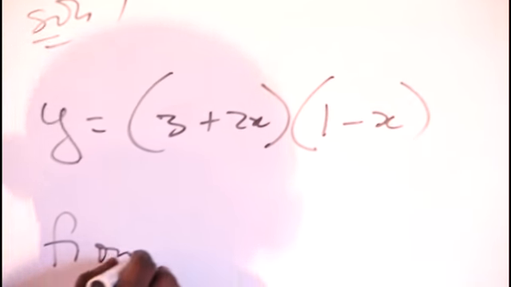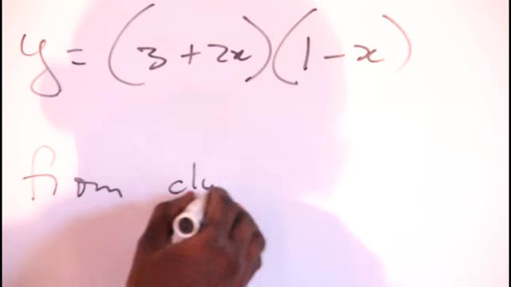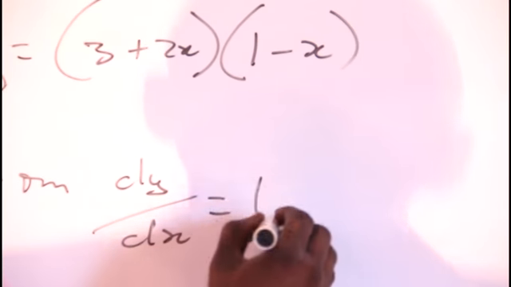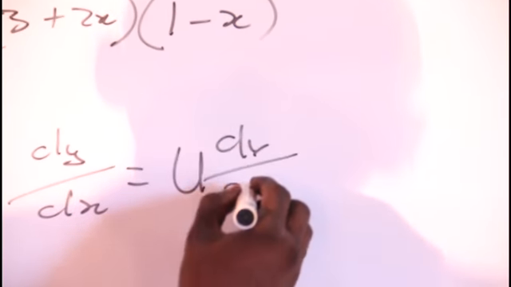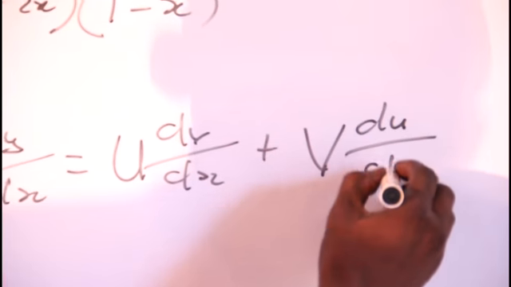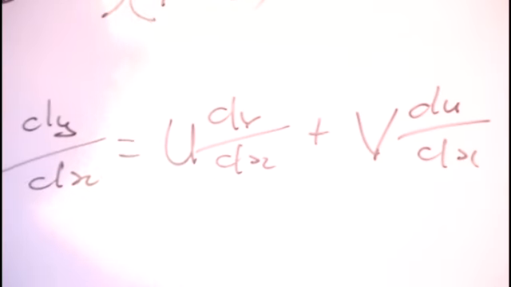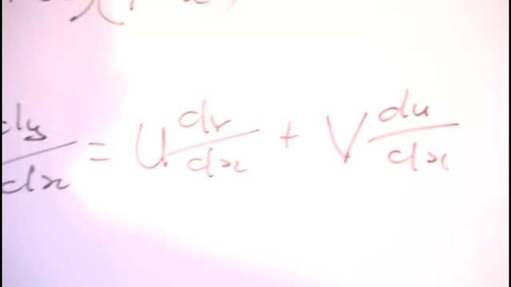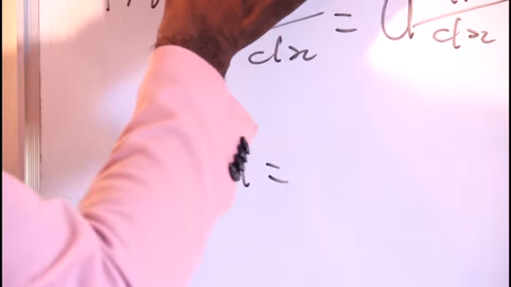We can easily say, from dy over dx being equal to u dv over dx plus v du over dx, we take u to be equal to this first function.